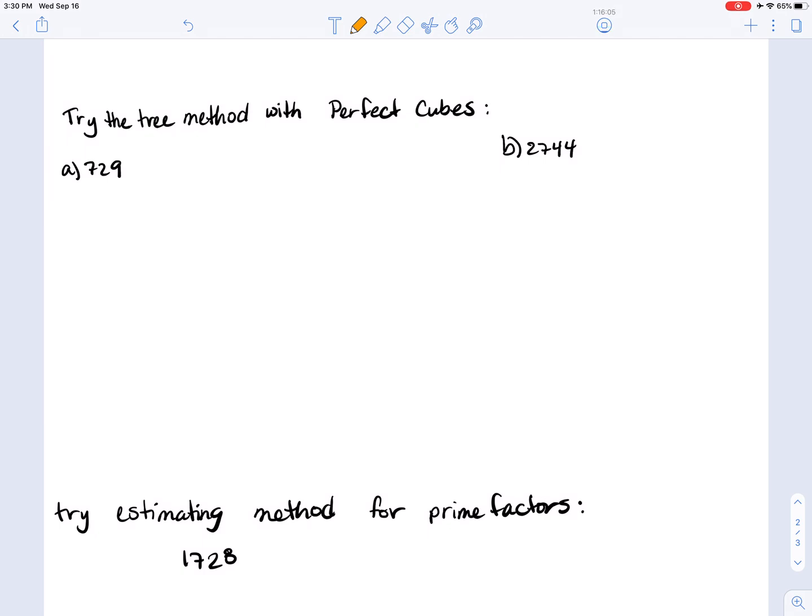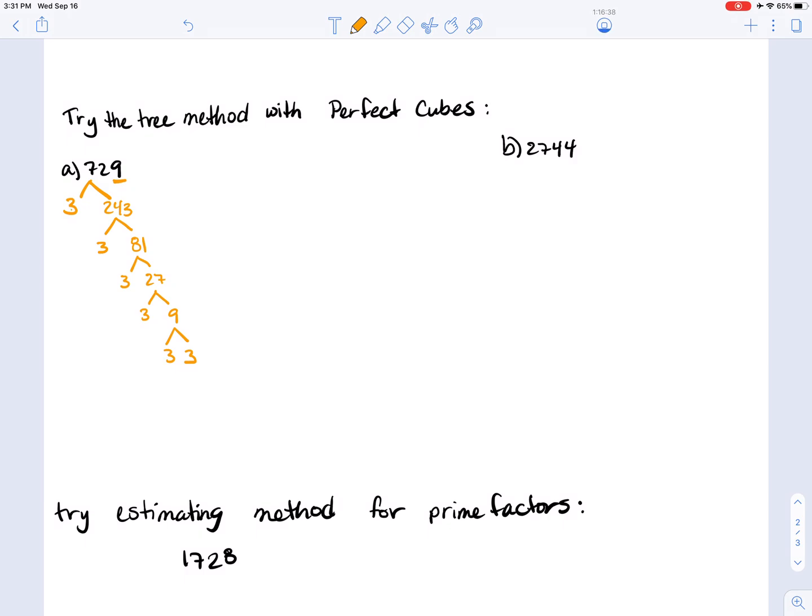Because this ends in 9, I'm going to start with 3. So I'm going to divide by 3, and that gives me 243. And then I'm going to divide that again by 3, and I get 81. Now, 81 divided by 3 gives me 27. 27 divided by 3 gives me 9, and 9 breaks out into 2 3s as well.